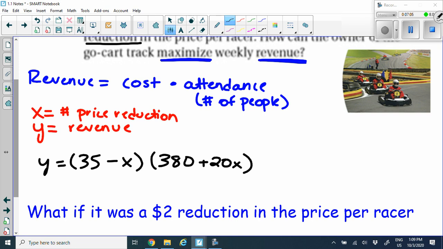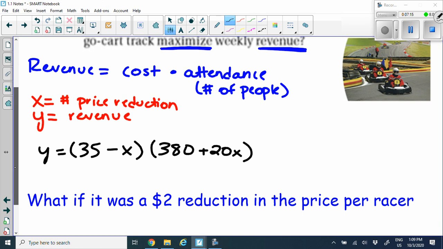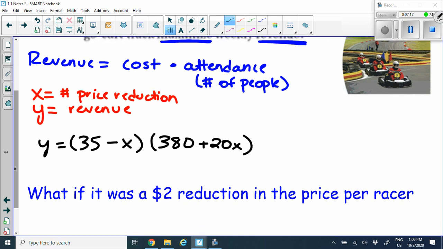Now we are not finished. We found our equation, but now I need to solve. Okay, so I need to figure out what is going to be my result here, my maximum. So what I'm going to do is FOIL this out to get it into standard form, okay? Because that's what we've been working with, right? Quadratics in standard form. So when I FOIL, or you can also say distribute, I'm going to write this in standard form because I think it's a lot easier.